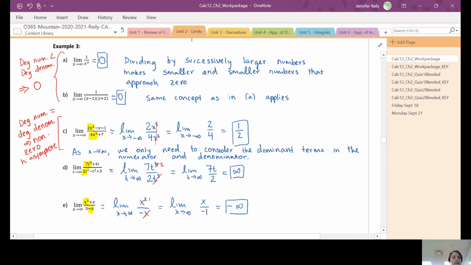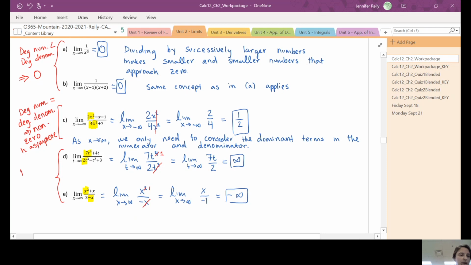Okay, and then the last case was where the numerator had a larger degree than the denominator, and in both of those cases we had either positive or negative infinity being the answer and no horizontal asymptote. So the degree of the numerator was larger than the degree of the denominator. Therefore, the answer was infinity or negative infinity and no horizontal asymptote.